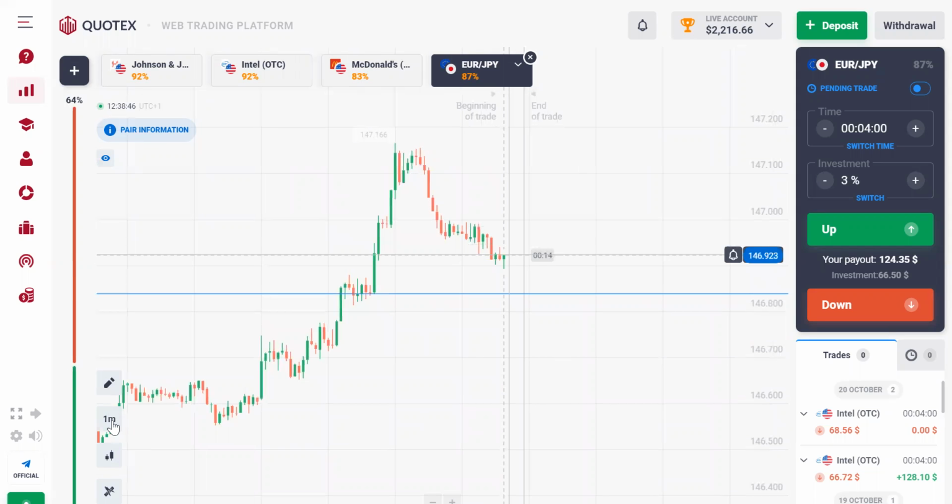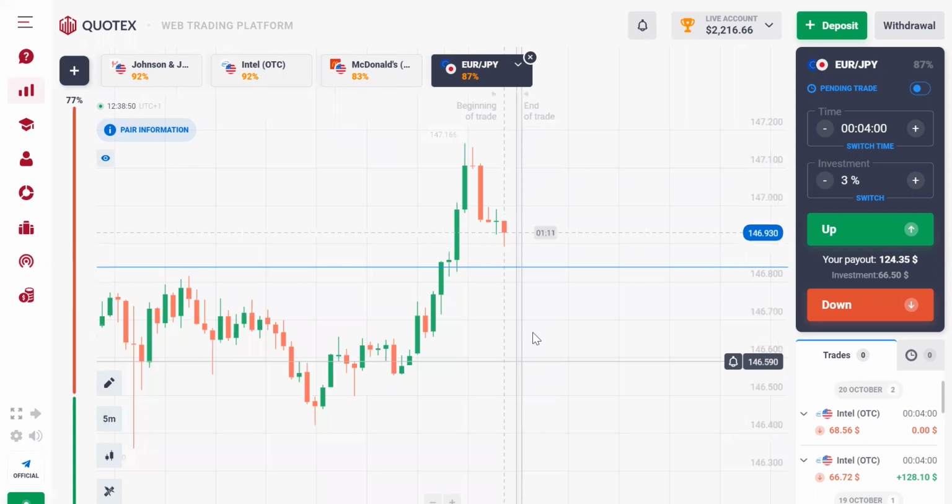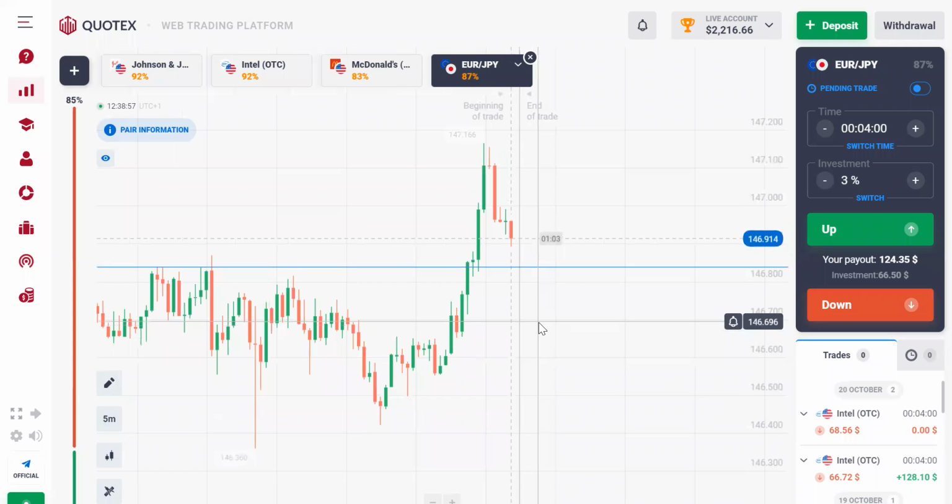Oh, it's reversing. I don't know if it's consolidating. Let's see. Let's wait for the close of that candle. Let's see how the 5 minute candle closes here.